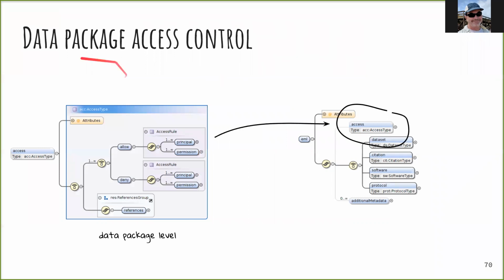So getting back to data package access control, within the EML, at the very highest level, if you're familiar with the EML at that level, you can set the type of access control that dictates how an end user will be able to access the full data package, including the metadata.